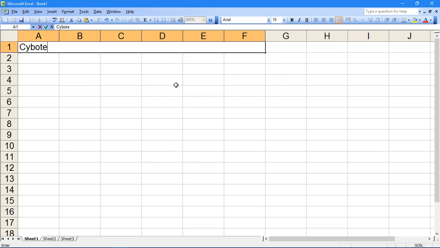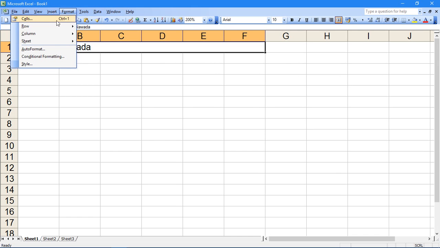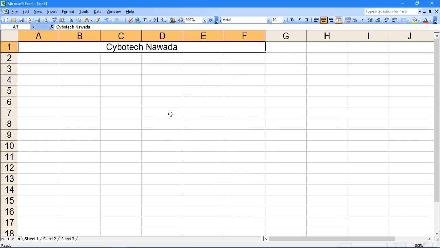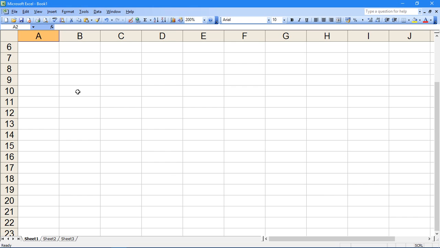Now I'm changing the horizontal alignment to center, so it looks fine. Now suppose I'm writing the values.